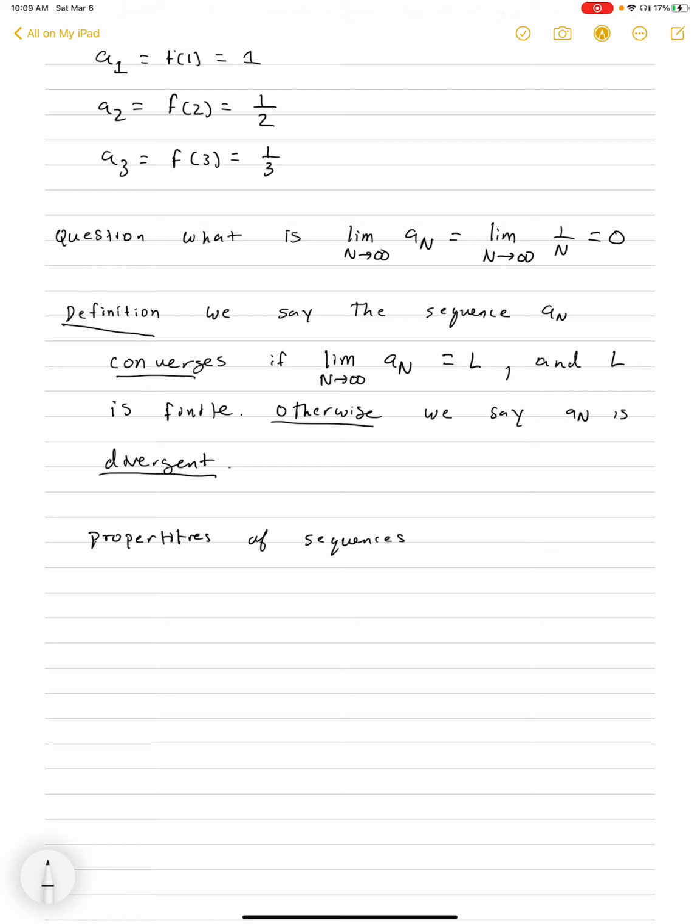I'm just going to use them from time to time. They're more or less properties of limits that we already know. So this first one is that the limit of the sum of two sequences is equal to the sum of the limits of each sequence.